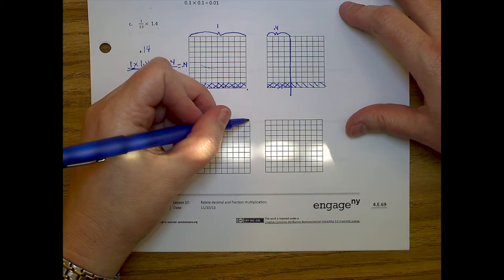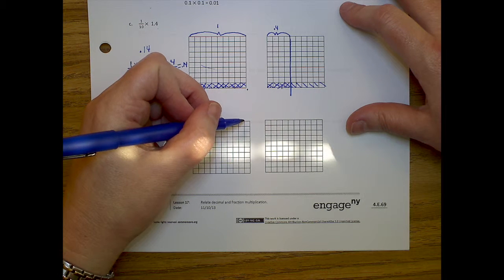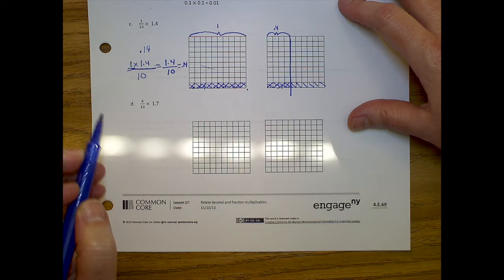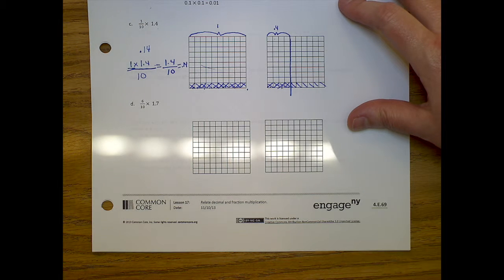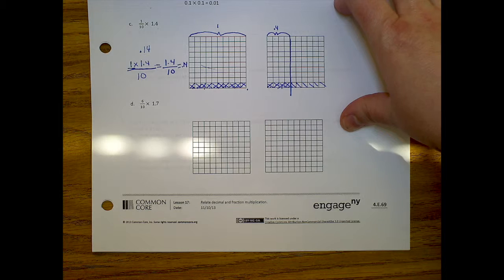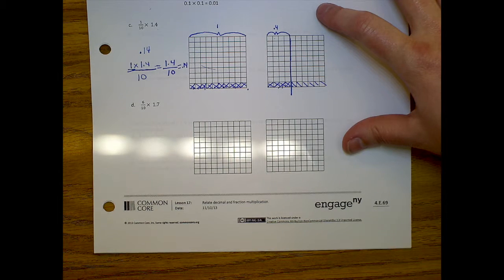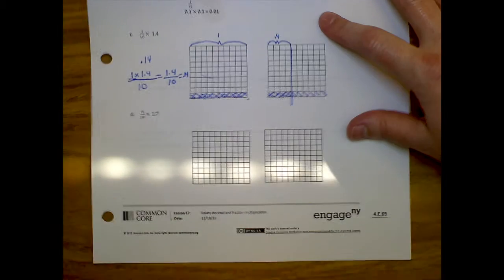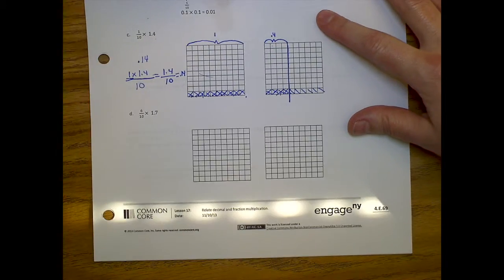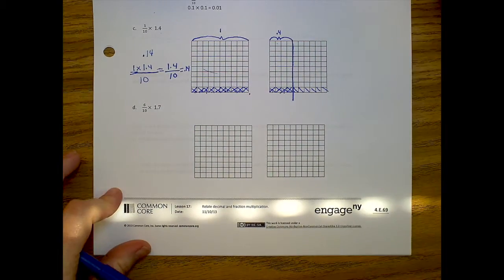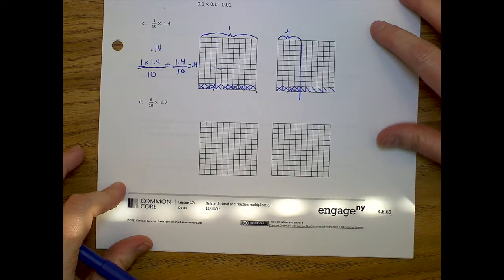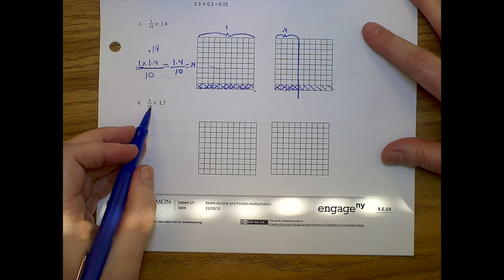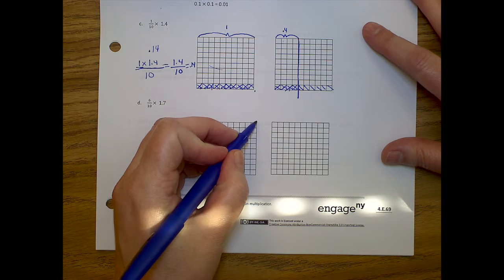So what am I going to start with down here? What am I going to start with? I have 6/10 of 1 7/10. What do you think? Okay, well let's just start with our 1 7/10.